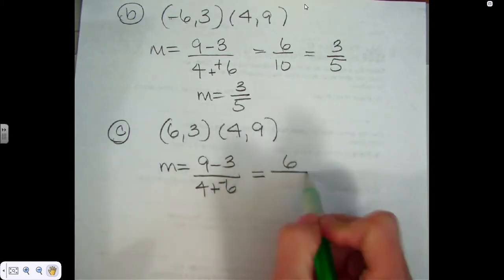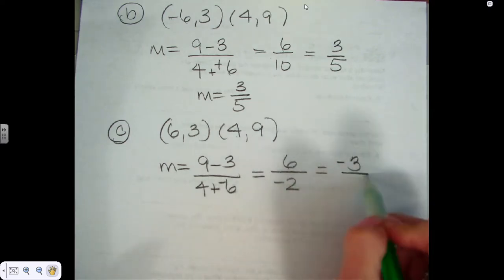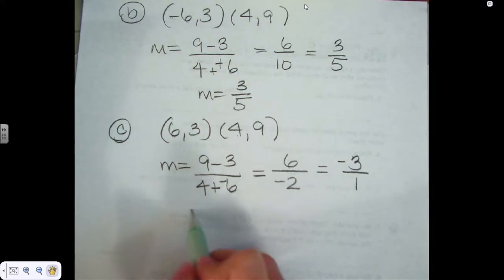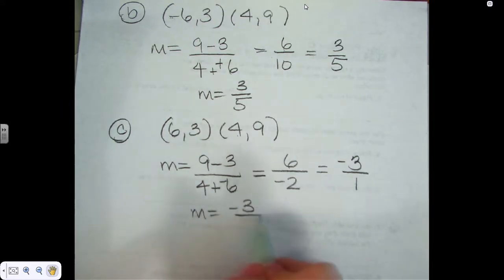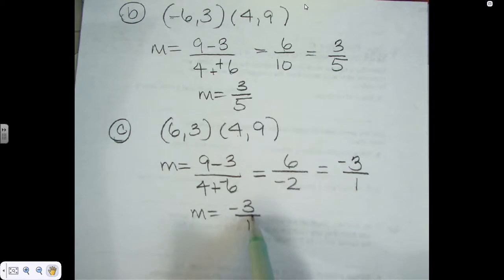That gives me 6 over negative 2, which simplifies to negative 3 over 1. Now normally you write negative 3 over 1 as just negative 3, but because I need something to represent my x and my y movement, I'm going to leave it as negative 3 over 1, which means for every 3 on my y, I'm going to move 1 on my x.